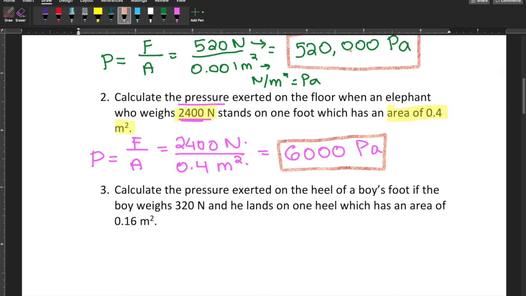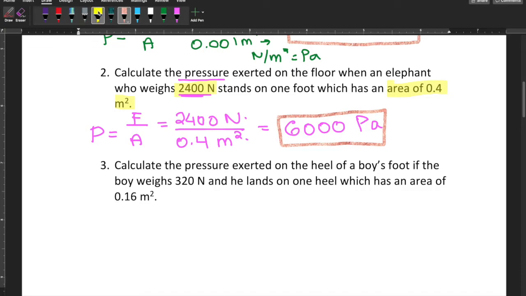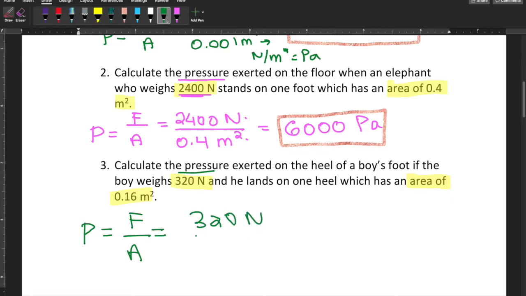Alright, so next question, number 3, says calculate the pressure exerted on the heel of the boy's foot if the boy weighs 320 newtons and he lands on one heel, which has an area of this. So again, same thing here, asking us to solve for pressure. So we do pressure is equal to force over area, force being our 320 newtons because of that newtons unit, and then the area being 0.16 meters squared.